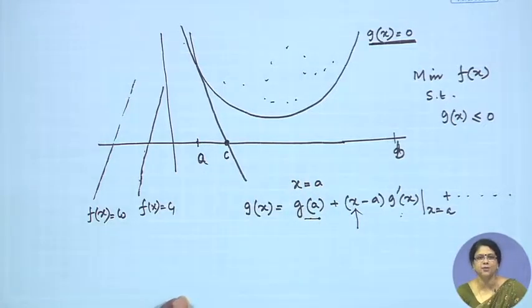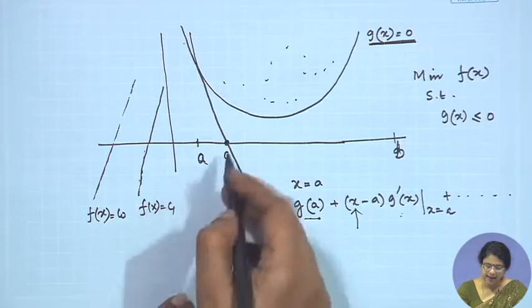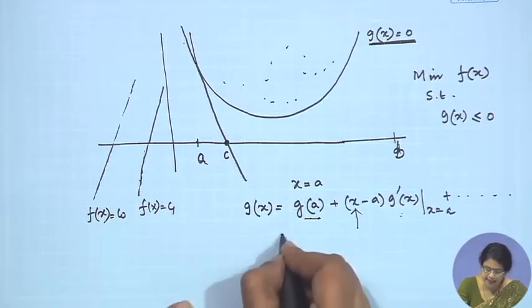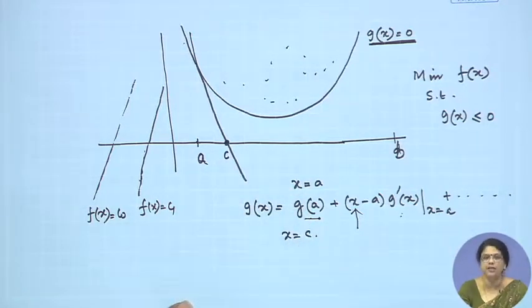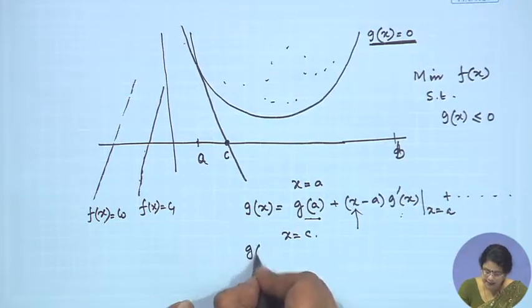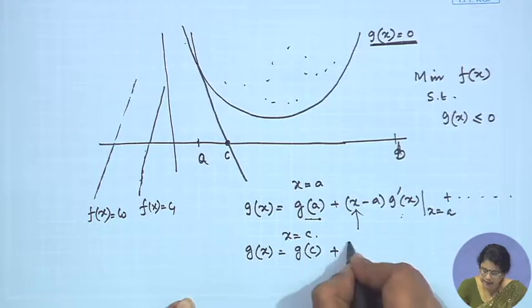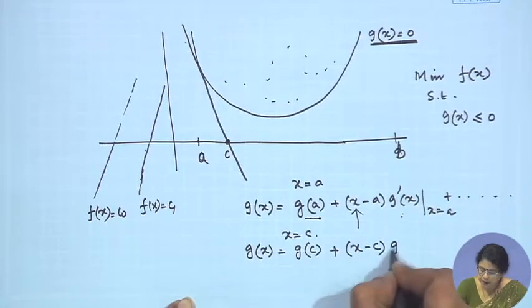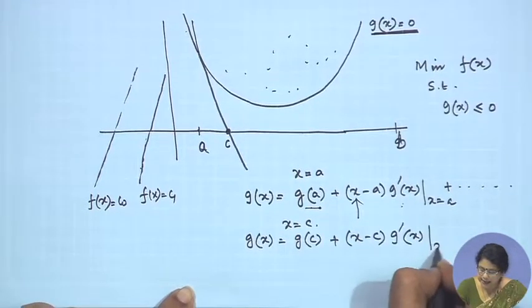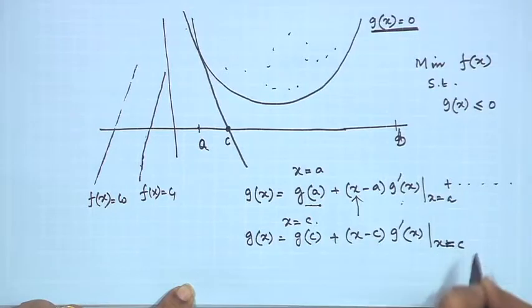Once we get this point C, again at point C we will expand g(x). Then what we will get? g(x) is equal to g(c) plus (x minus c) times g dot(x) at x equal to c, ignoring all other terms because we want to have the linear function.